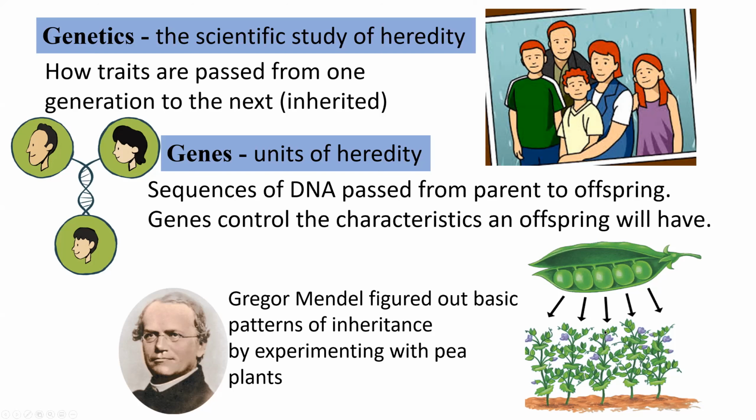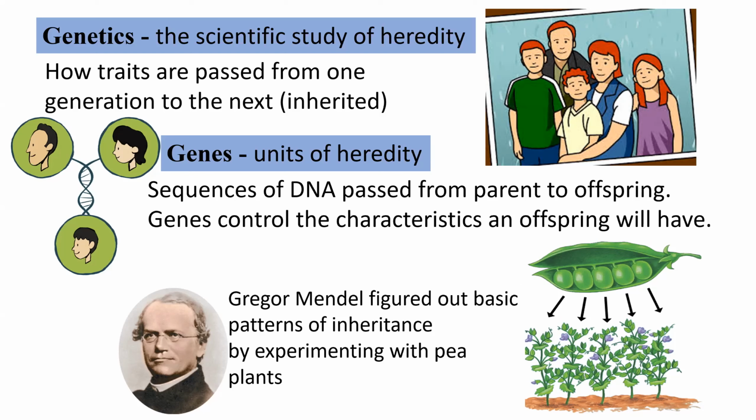You can look at plant or flower color, pea shape, seed shape, seed color, pod color, pod shape. There's a lot of features that you can look at.